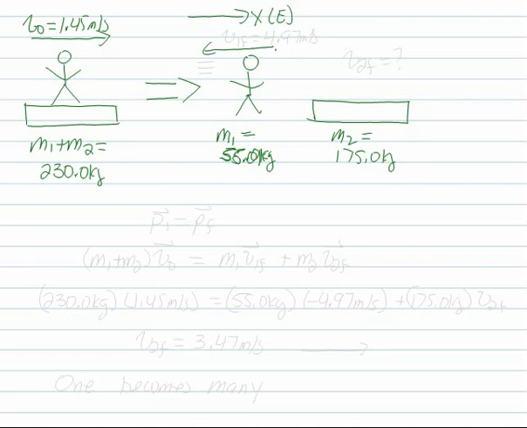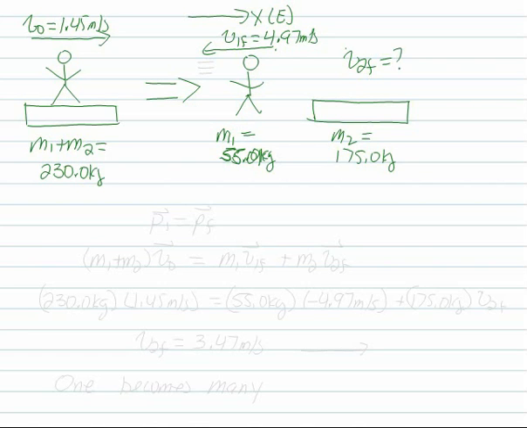So this is V1 final with the arrow pointing to the left, 4.97 meters per second. And V2 final is what we're looking for. I'm not assuming any directions. You just draw a question mark. A good picture has everything you need.